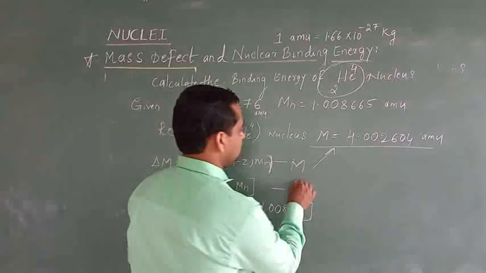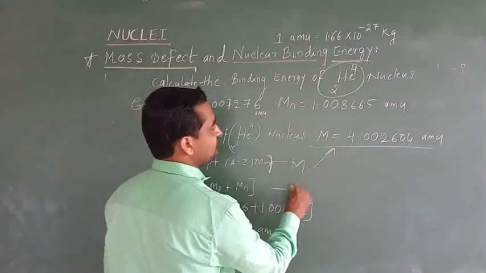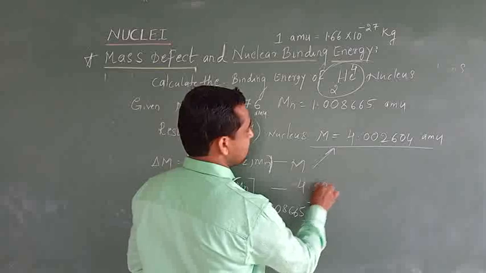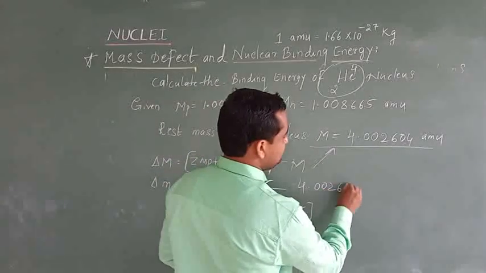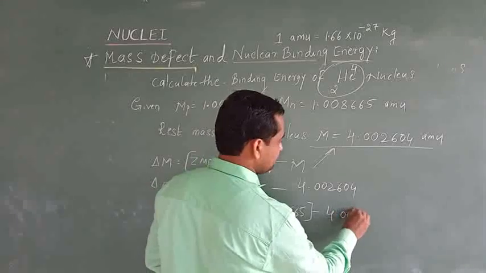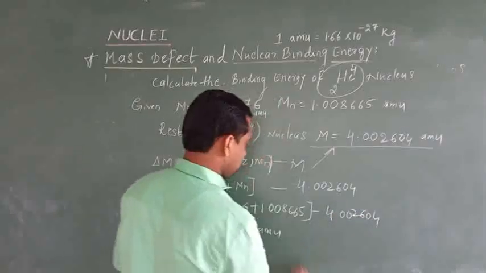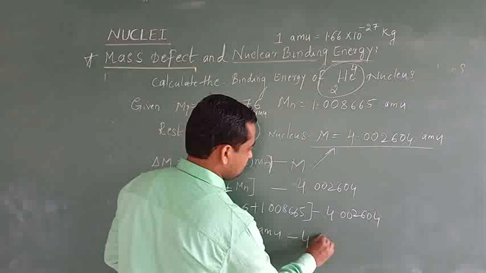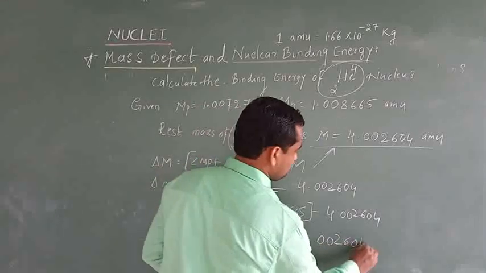Now let us calculate the measured mass of the nucleus. M is equal to what? 4.002604. The same we have to write here, 4.002604. So minus 4.002604.